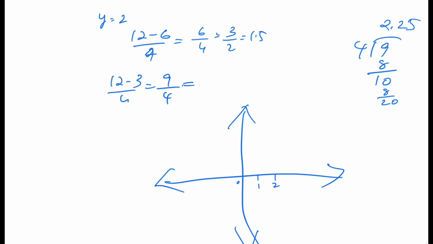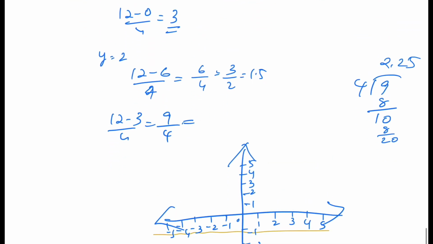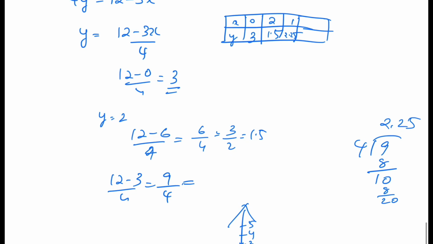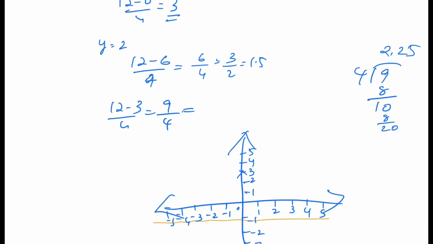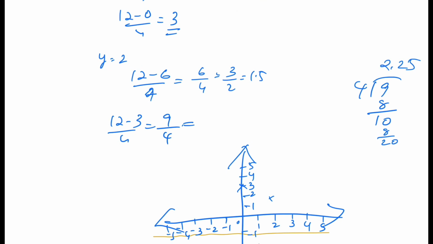So in that case, if you plot the graph, you will get 1, 2, 3, 4, 5 and minus 1, minus 2, minus 3, minus 4, minus 5. So where will (0, 3) be? Here. Then I have (2, 1.5) somewhere here. Then I have (1, 2.25).